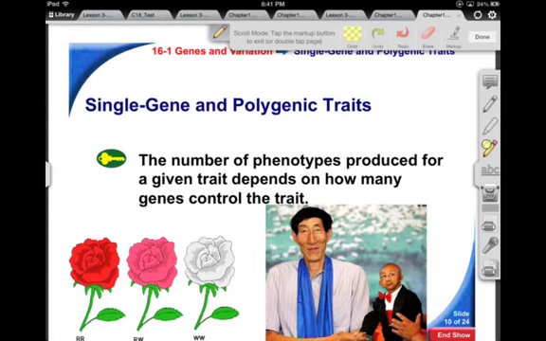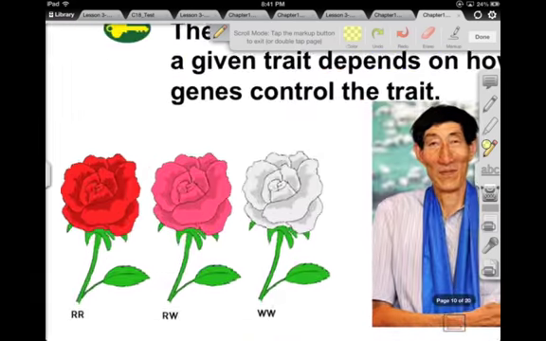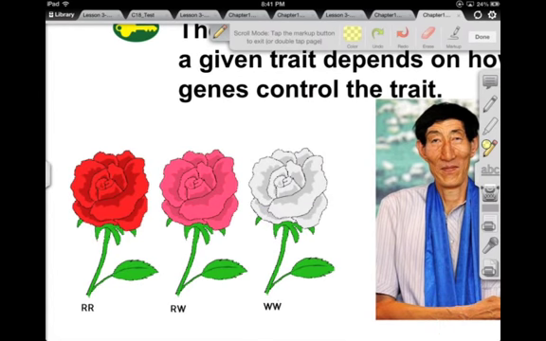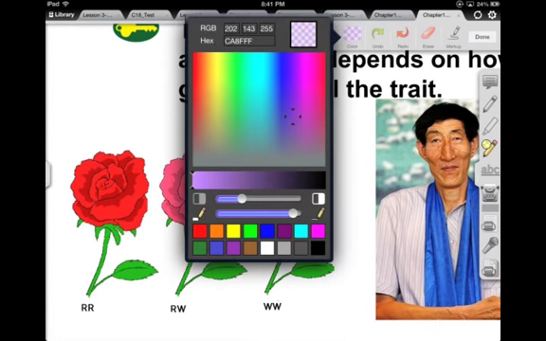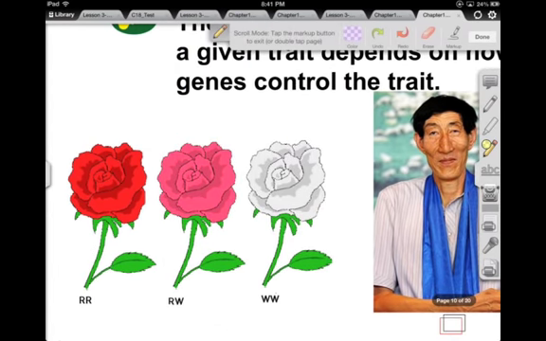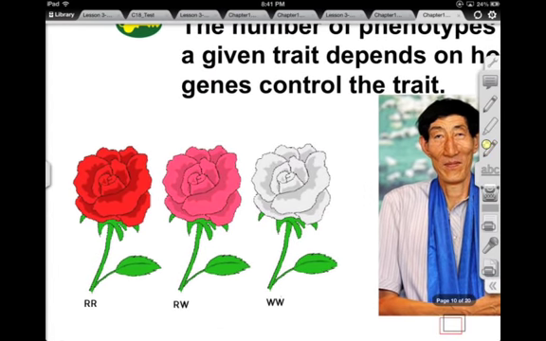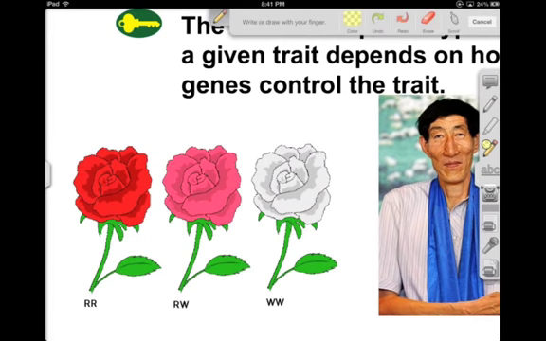Single genes and multiple genes have to be kind of considered here. The flowers on the right are a little bit simpler, right? These are simple genes, either red or white, okay?